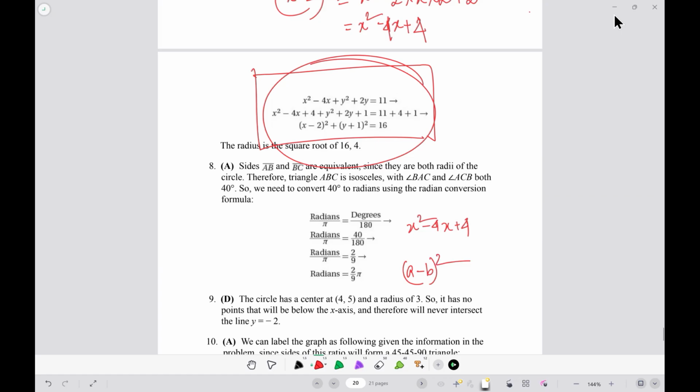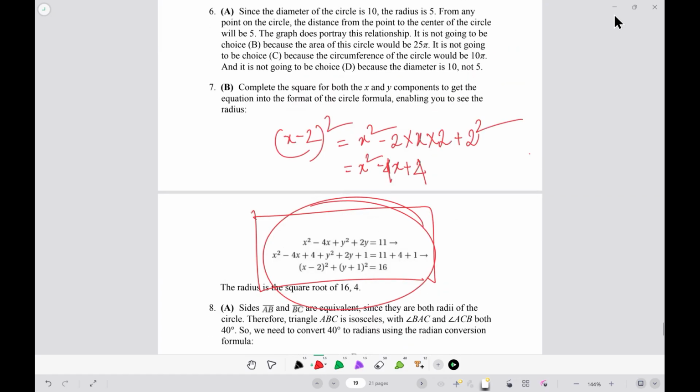You go back and you change the minus 4 to 2 and negative 2. Exactly. You do the back calculation.